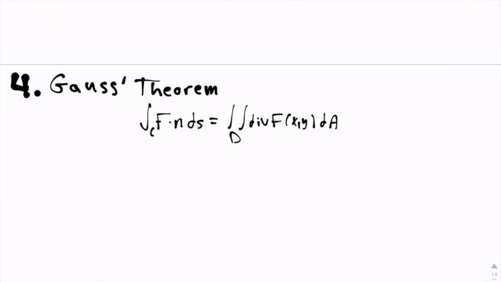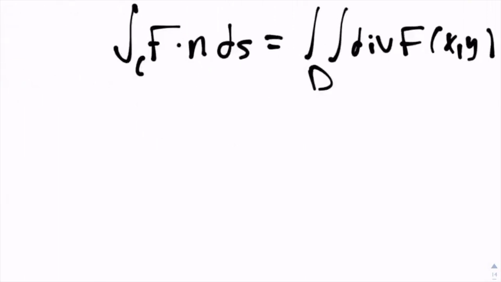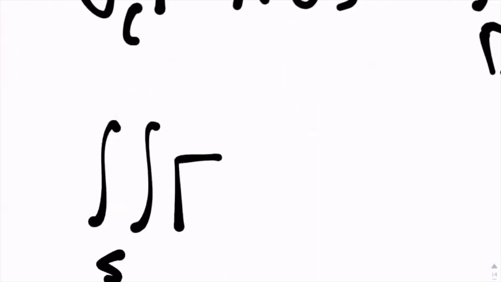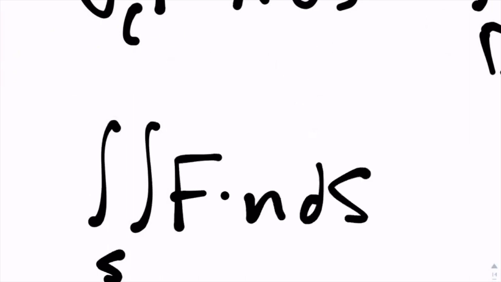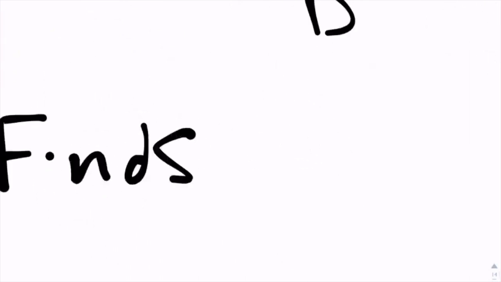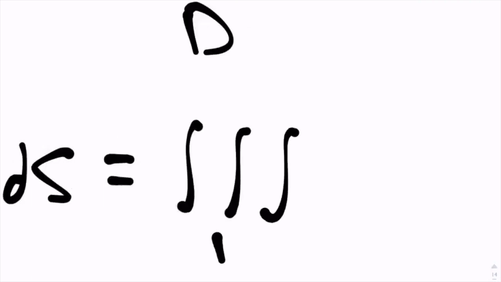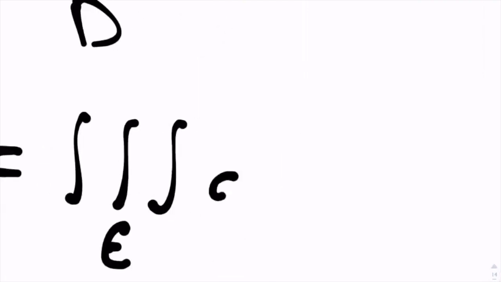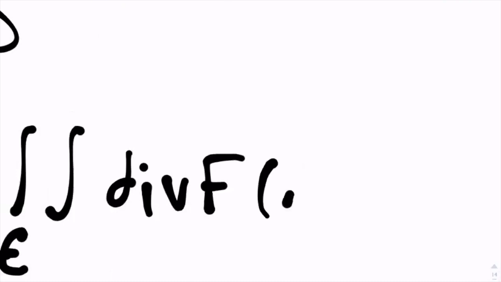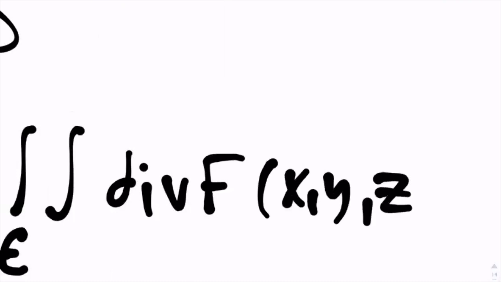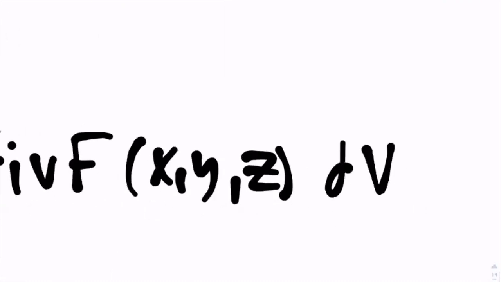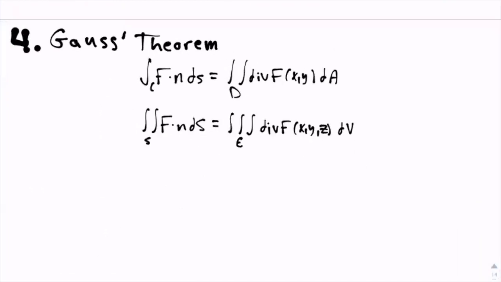The way we do this is through Gauss's theorem, in which we basically say the equivalent of the surface integral can be written in terms of the divergence of our vector function in 3D space.